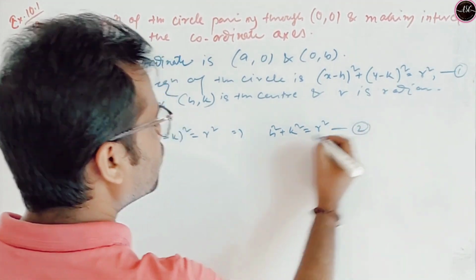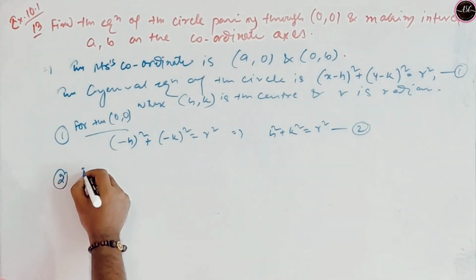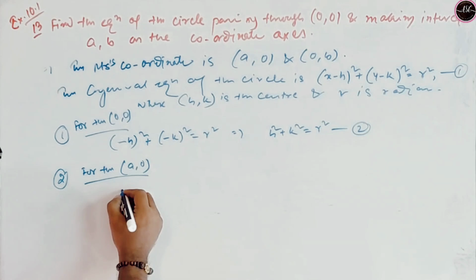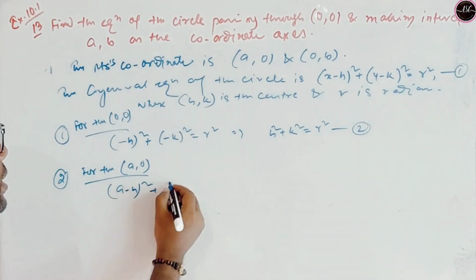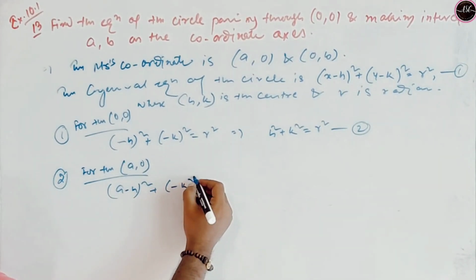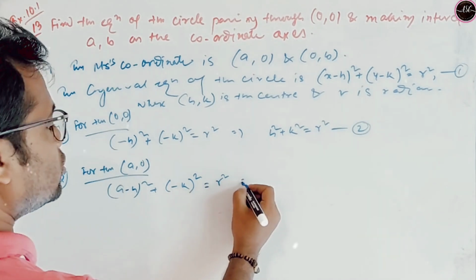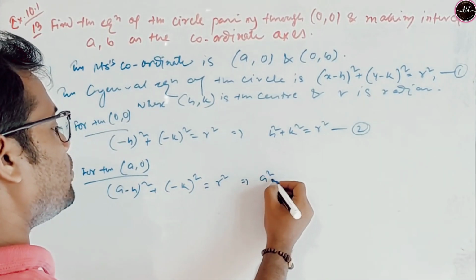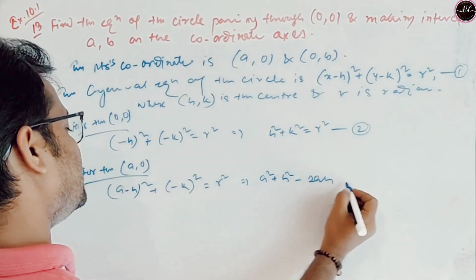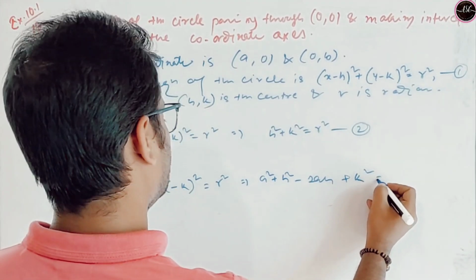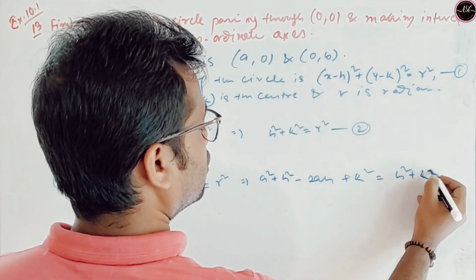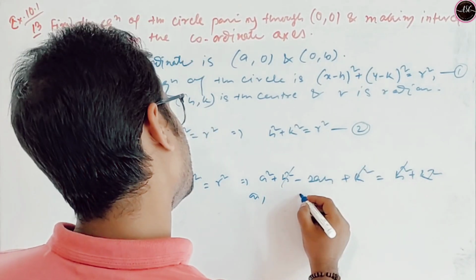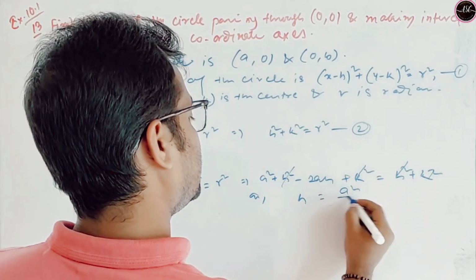This is equation 2. Now case 2, for the point a comma 0, we have a minus h whole square plus minus k whole square equal to r square. So just put here the value of r square and simplify this, we get a square plus h square minus 2ah plus k square equal to h square plus k square. So h square and k square will be cancelled out, or h equal to a square by 2a.